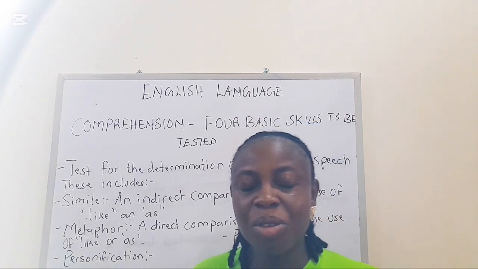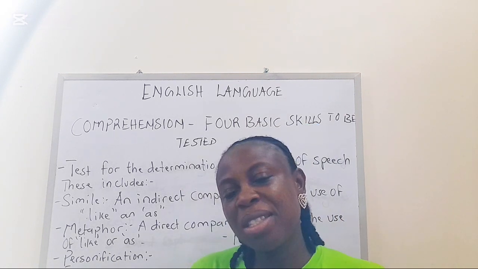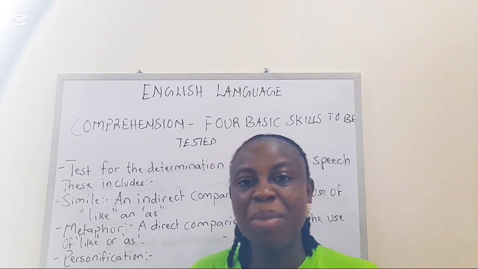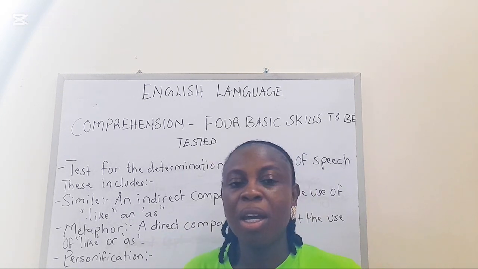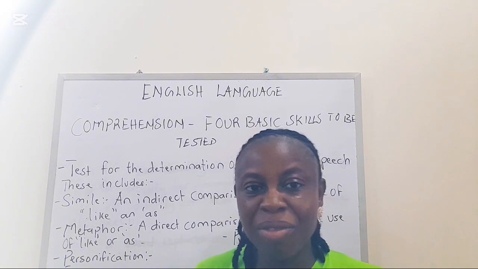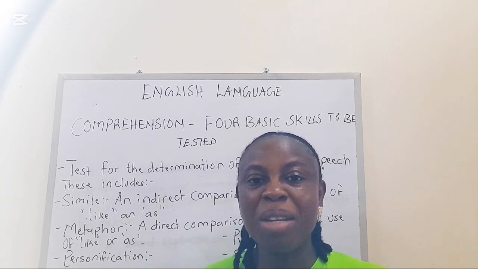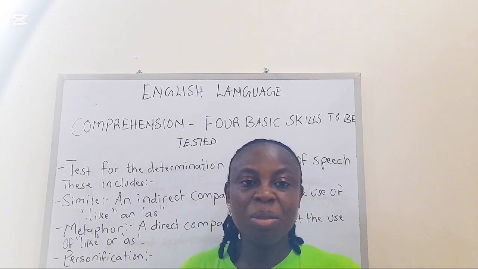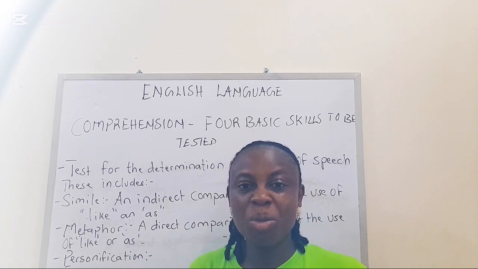We also have personification, which expresses intention using animate characteristics to express inanimate feelings. In personification, inanimate objects are given life through the use of animate characteristics. Attributes of living things are transferred to such an expression to give it life.